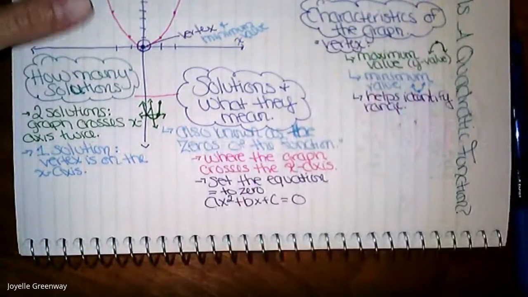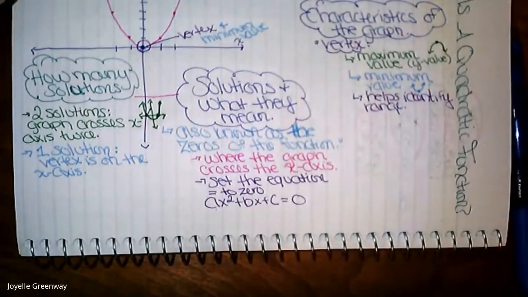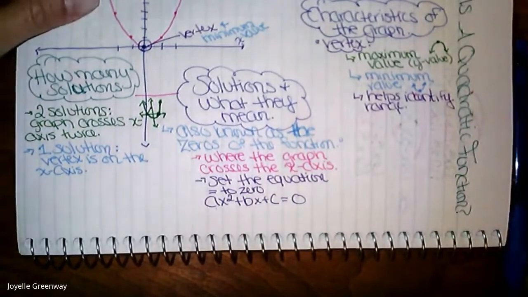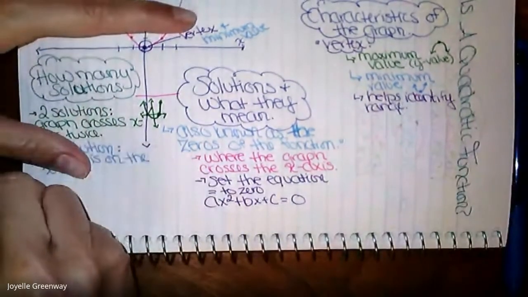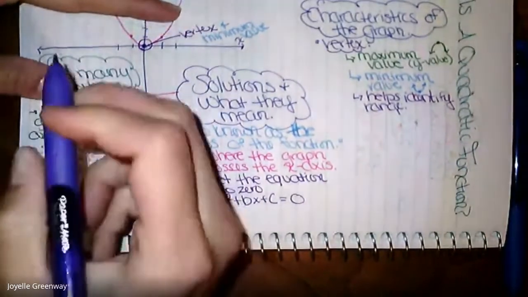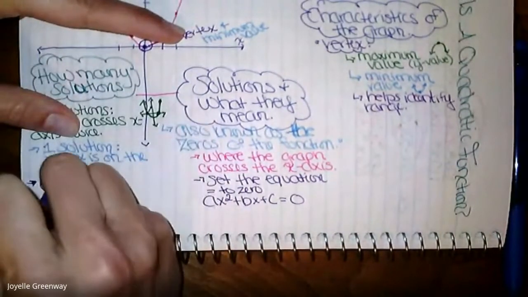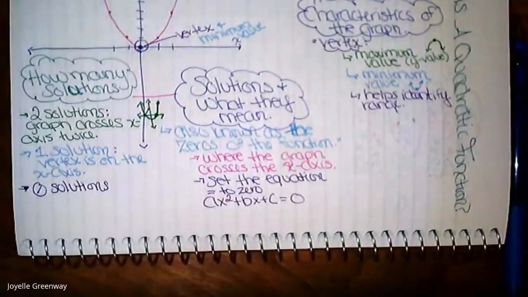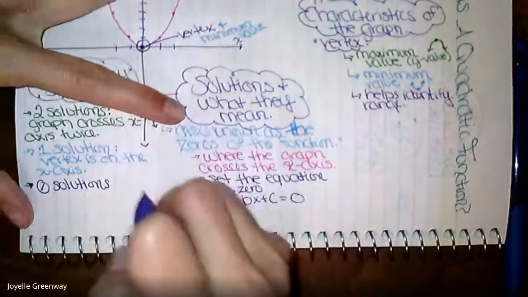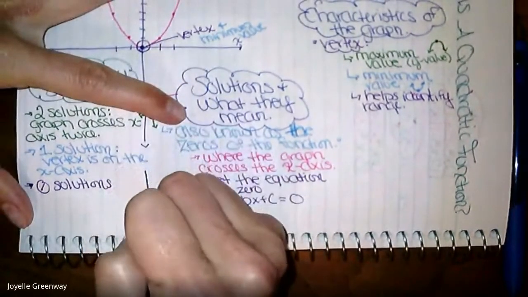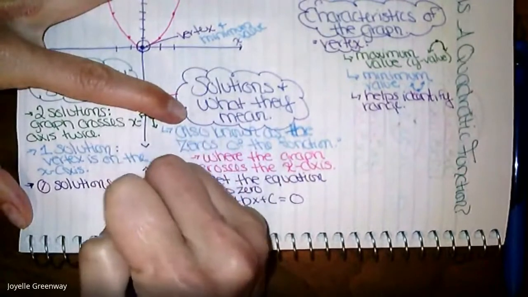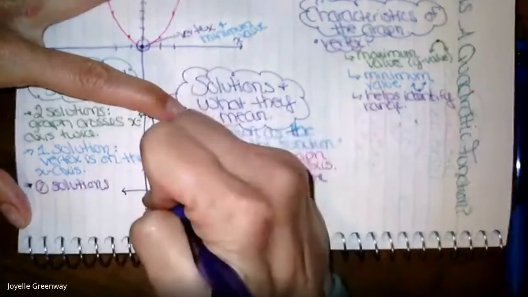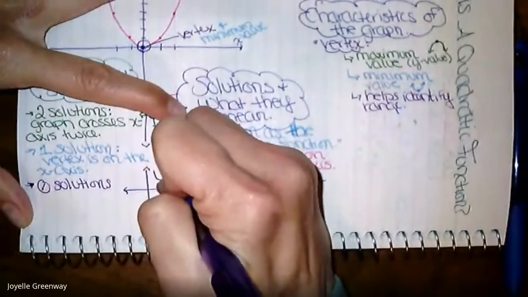And then we have something called no solution. For now, in algebra 2 you will figure out the solution, but for now, we have 0 solutions. What that means is that your graph never crosses your x-axis. So if you had a coordinate plane here, that's like if your parabola was way up here like this.